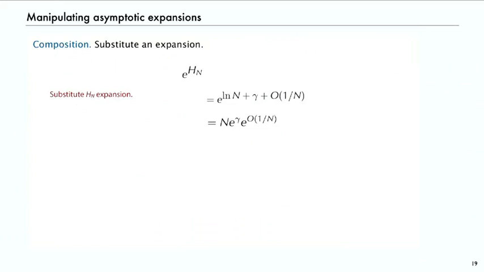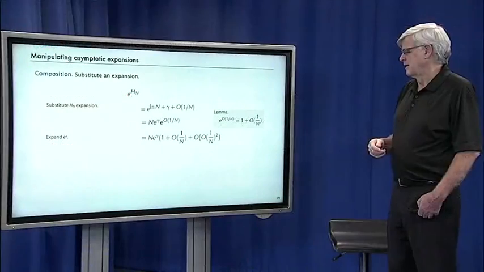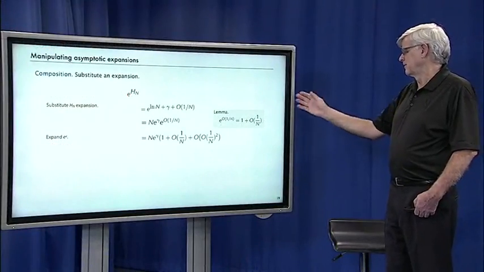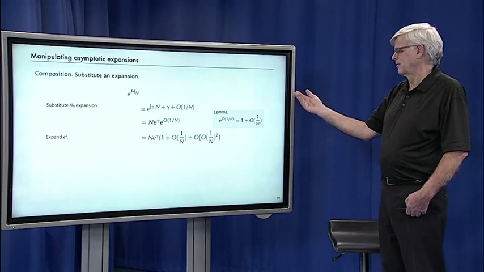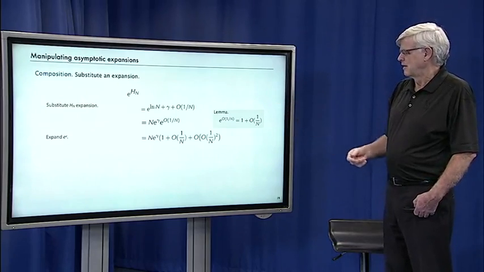And then that one you expand with Taylor, although it's a little more work to actually prove that, but from now on you can use that lemma. E to the O of 1 over n is 1 plus O of 1 over n, and you can expand it a couple of terms if you need to.